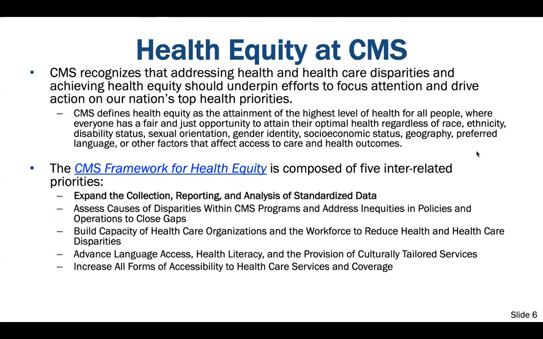This slide, which comes from CMS, notes the priority that they give to ensuring high quality and equitable care to all people served by CMS, irrespective of all the characteristics that are listed here.